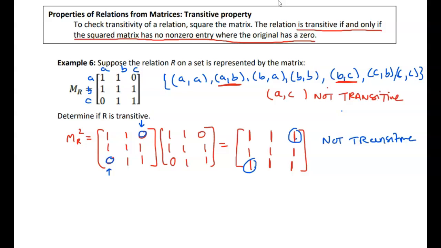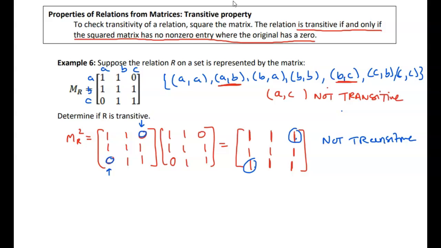Okay, so you can prove this rule with the matrices, that the zeros need to stay zeros if you do the squared multiplication. When you square the matrix, it basically gives you paths of length 2.